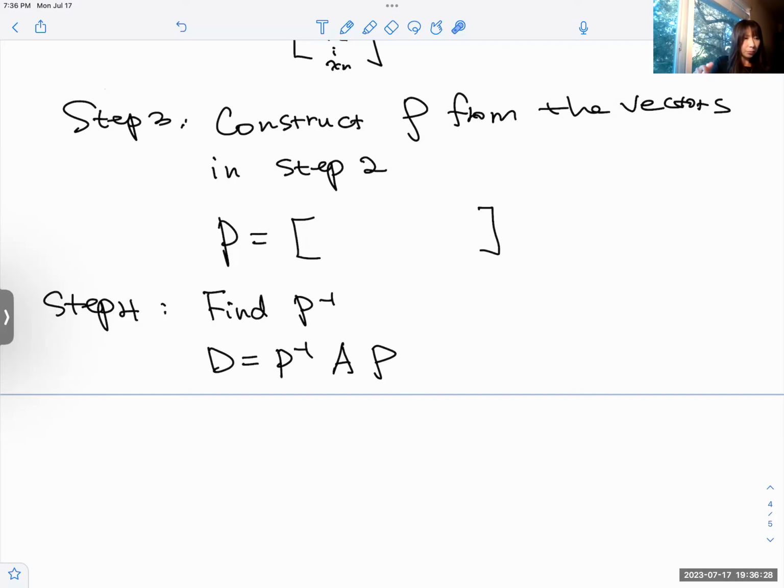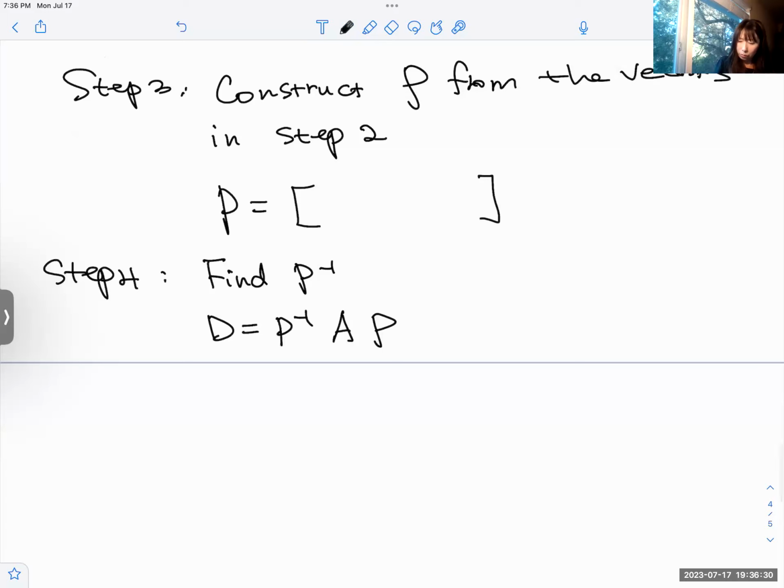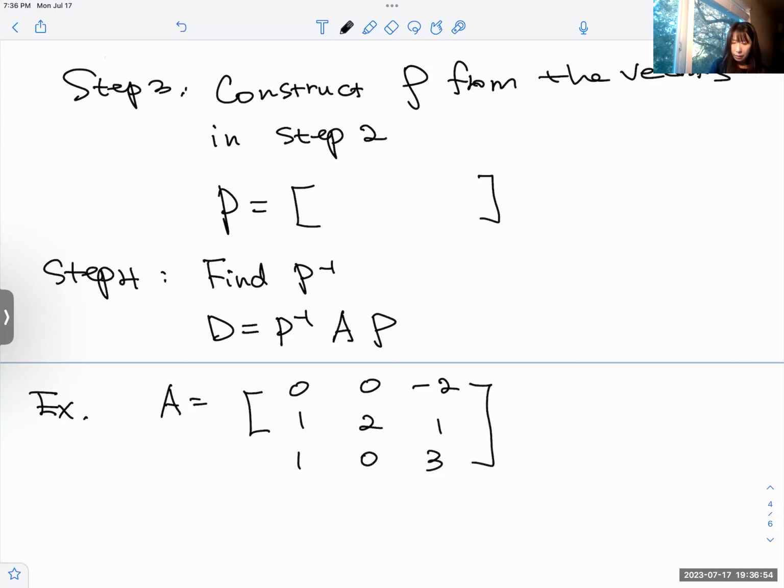So I brought a matrix with numbers from another textbook because your textbook has fractions, which are hard to calculate, right? So we have A equal to 0, 0, negative 2, 1, 2, 1, 1, 0, 3.